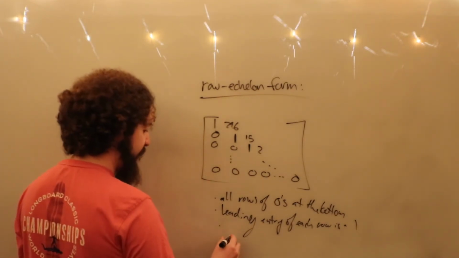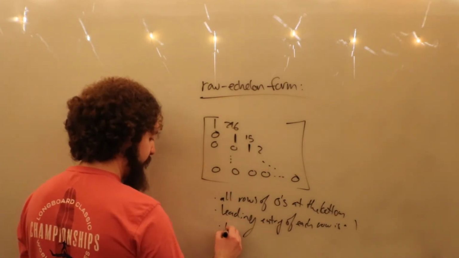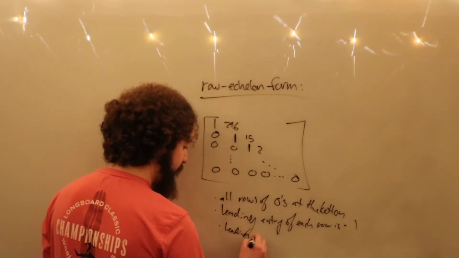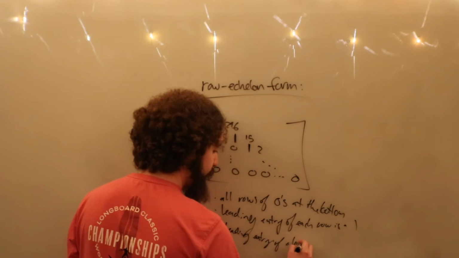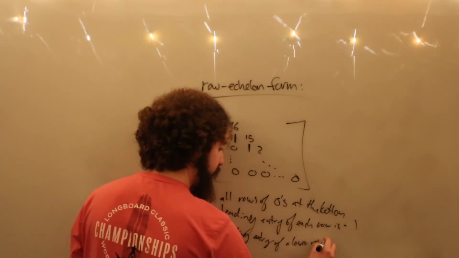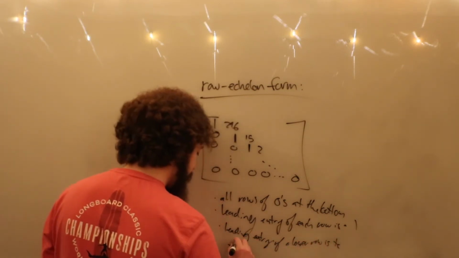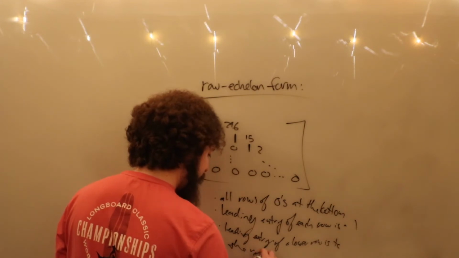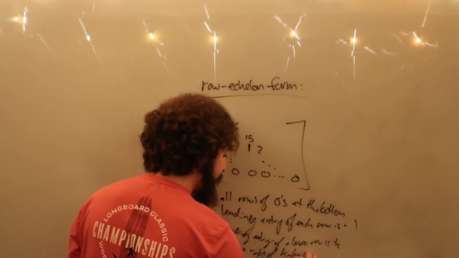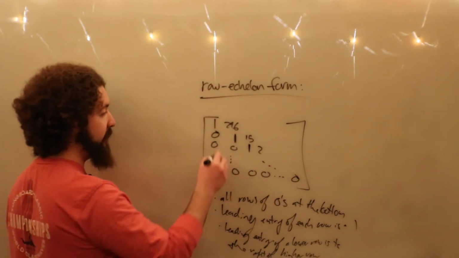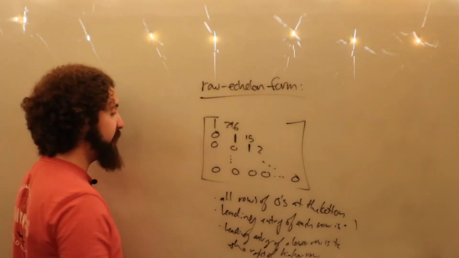And then the last thing is leading entry of a lower row is to the right of higher row. So this is just to say that it does the stair-step pattern like we saw before.